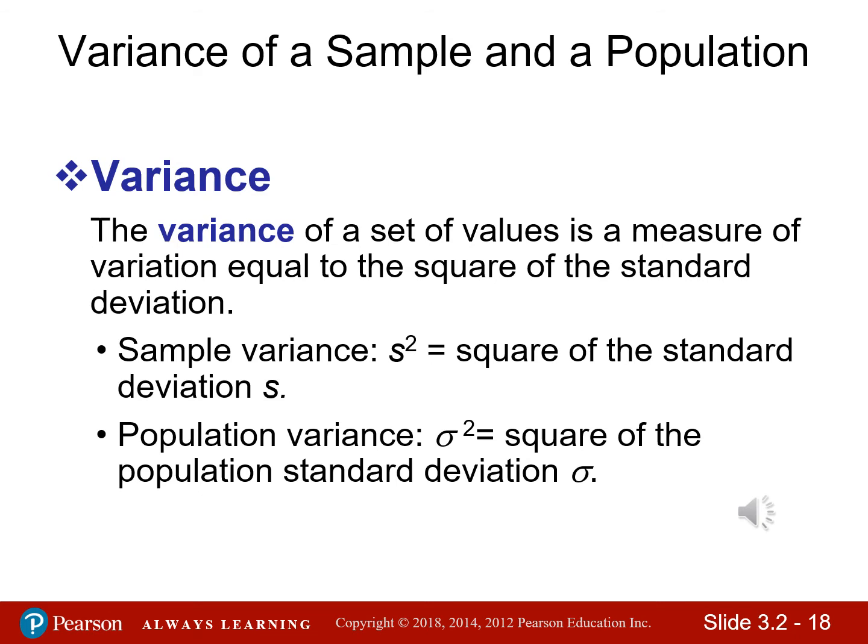The variance of a dataset is a measure of the variation equal to the square of the standard deviation. So the sample variance is simply the square of the sample standard deviation, and the population variance is simply the square of the population standard deviation.